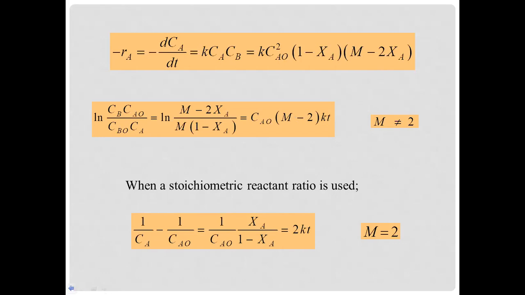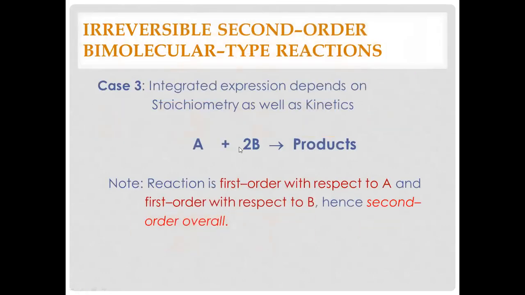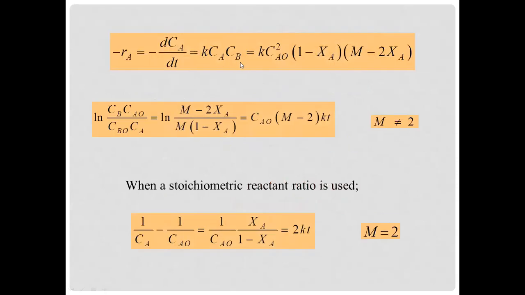Now, you may have a question, what happens if this is 3? Like this is A plus 3B forming the products. It's still case 3. Why? Because you have a second order overall, but not a bimolecular type reaction, and the stoichiometry does not agree with your rate law. Your rate law is still this one.